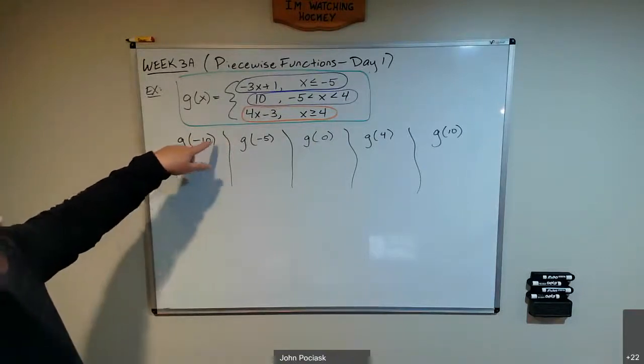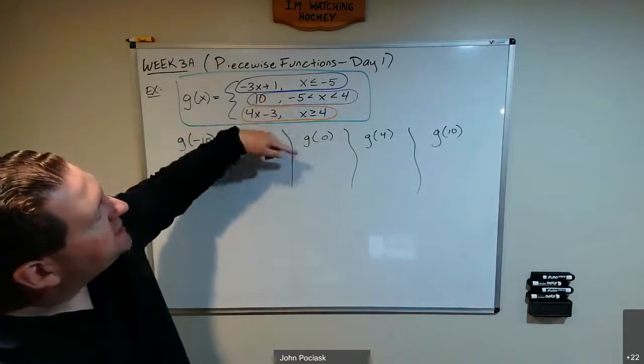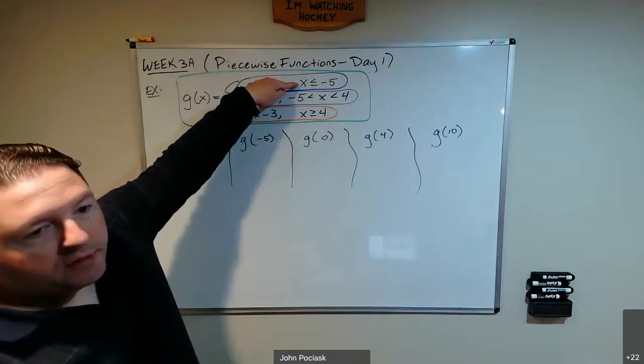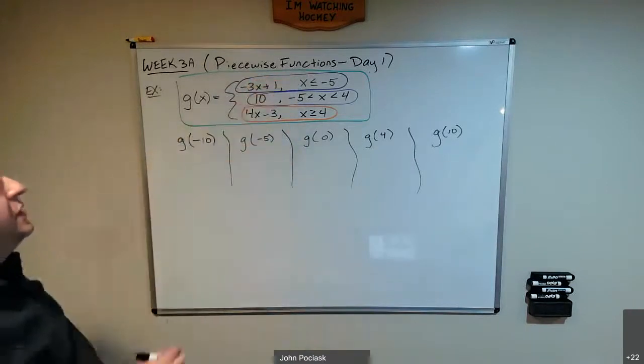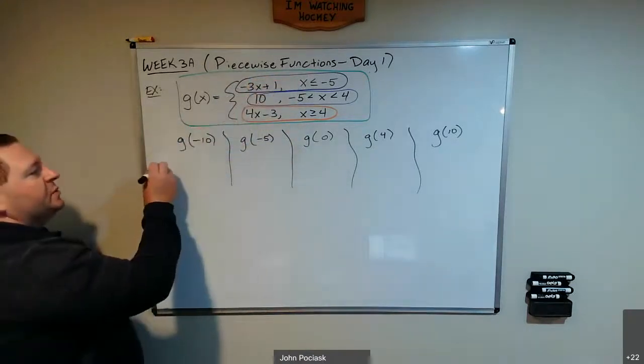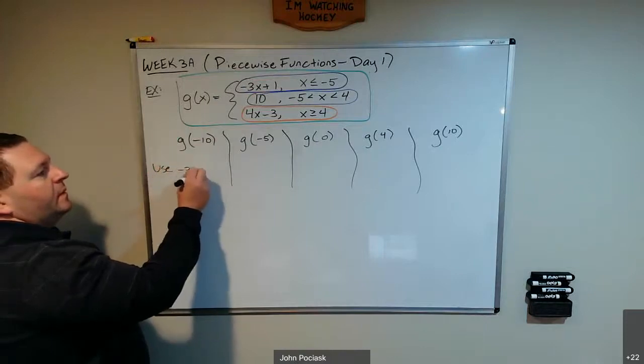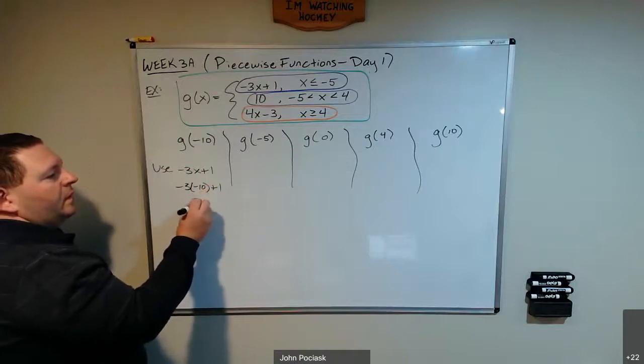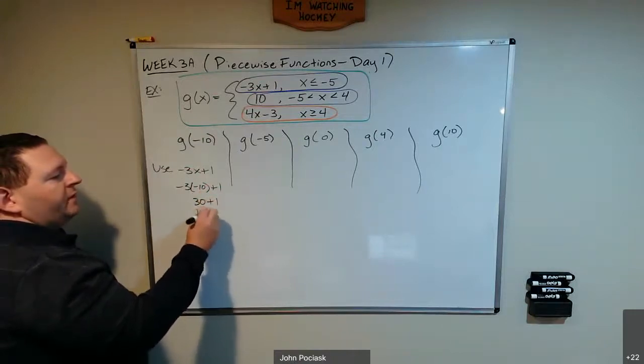The -10 belongs in one of these three inequalities. It is in the top one. -10 is less than or equal to -5. That means you have to use the -3x plus 1 and substitute the number into that. So you should have got 31 for that.